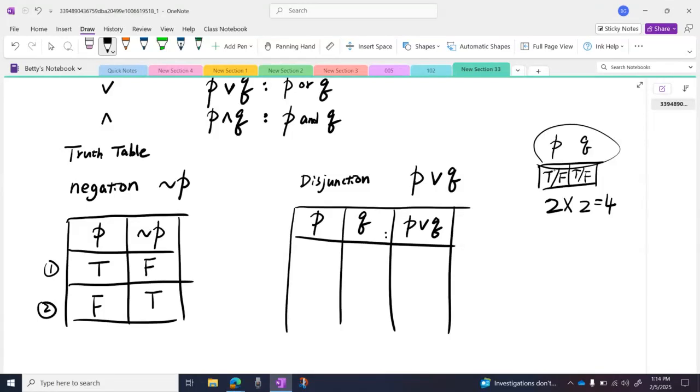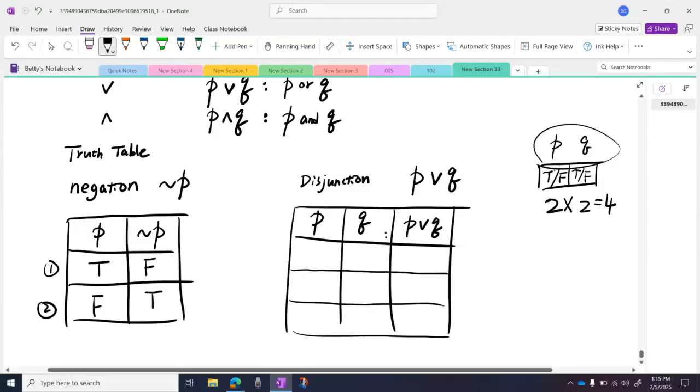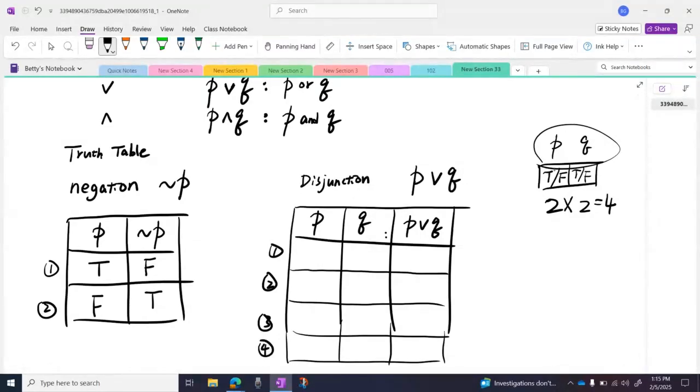We use multiplication. 2 times 2 is 4. That tells us we're going to have 4 cases for the combination of the truth values of the two pieces in the disjunction. Case 1, case 2, case 3, case 4.